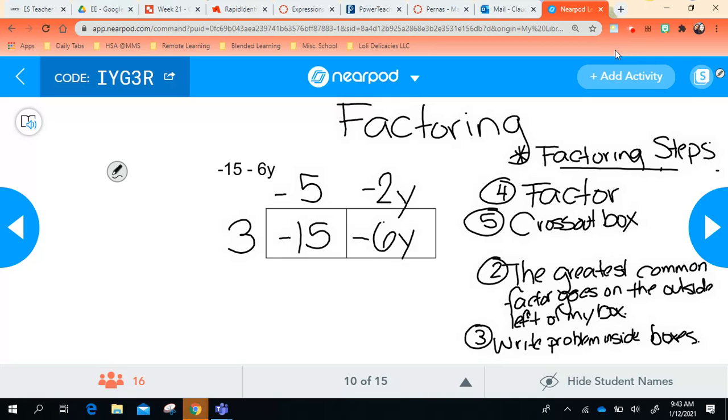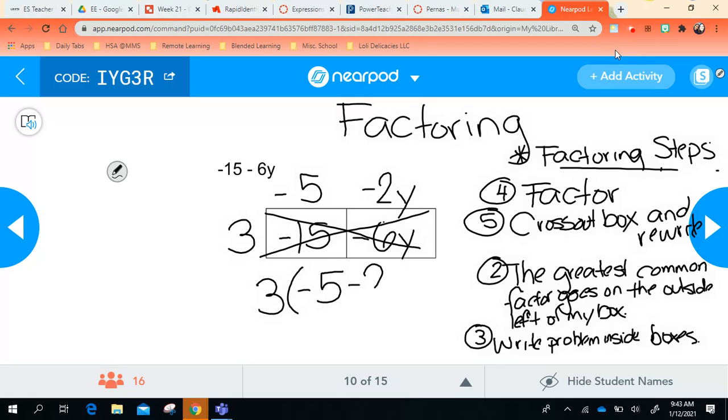What am I going to do next? I'm going to cross out the box and rewrite. Why am I crossing out the box? Because if I don't cross out the box, people are going to write what's in that box again. So I'm writing 3, open parentheses, negative 5 minus 2y.